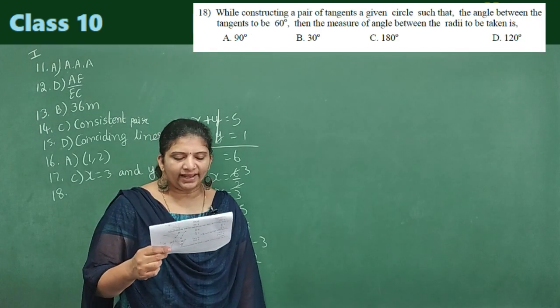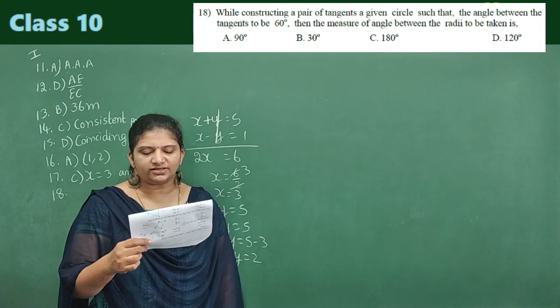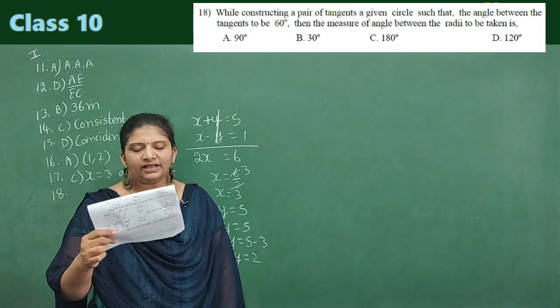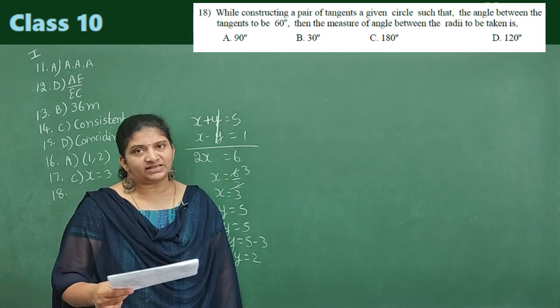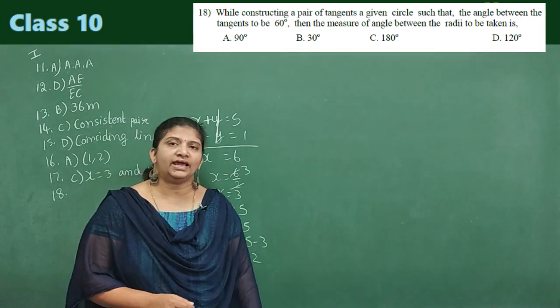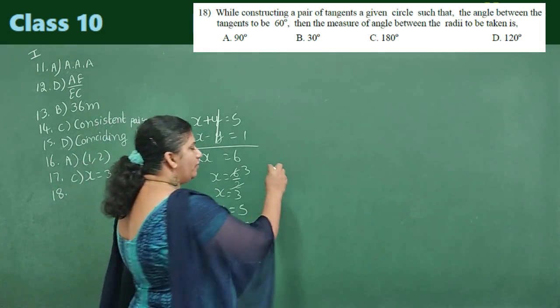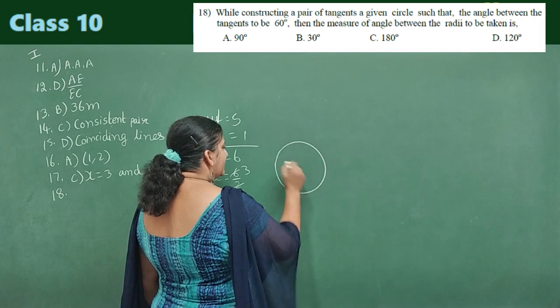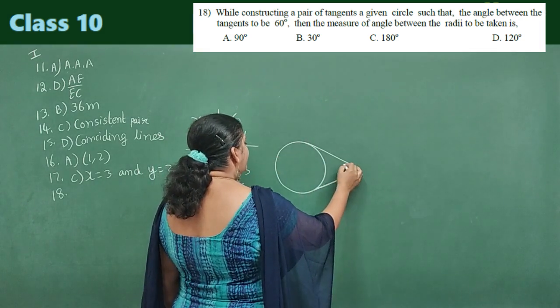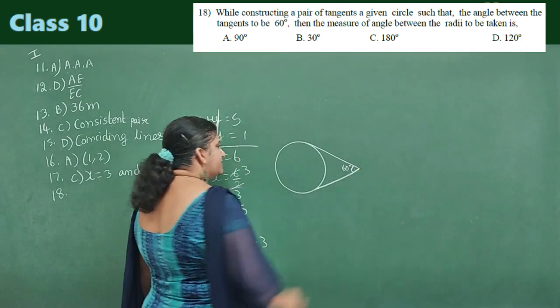18th one. While constructing a pair of tangents to a given circle such that the angle between the tangents is 60 degrees, then the measure of angle between the radii to be taken is. When you are constructing the tangents to a circle, the angle between the tangents is 60 degrees.